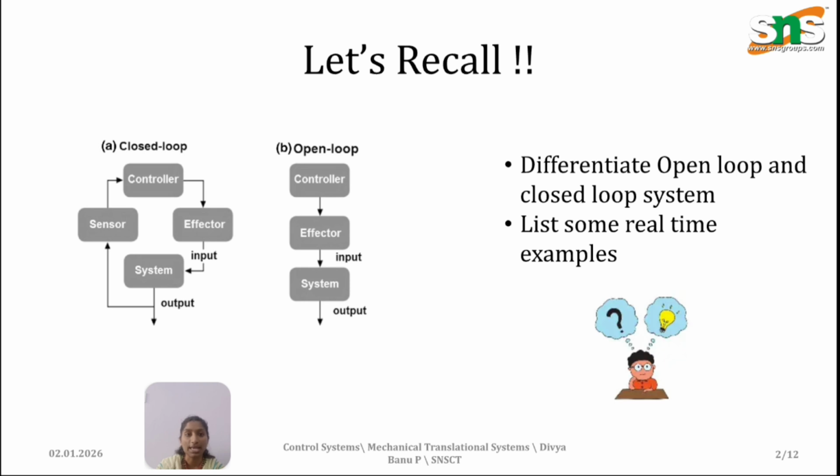Some examples we already learned in the previous video: bread toasters, hair dryers, and traffic light signals come under open loop systems, whereas water level indicators, air conditioners, and geysers come under closed loop systems.